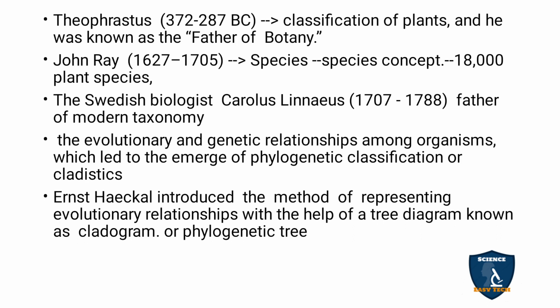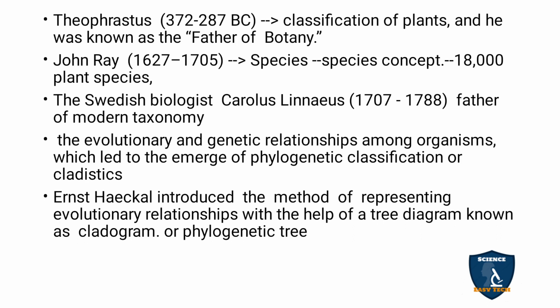And the Swedish biologist Carolus Linnaeus, 1707 to 1788, is the father of modern taxonomy. The evolutionary and genetic relationship also helps to form the phylogenetic classification or cladistics. That is, in phylogenetics, from this animal only this had evolved. Even human beings evolved from monkey, like that, okay. I'm using this example because it is easy to understand.